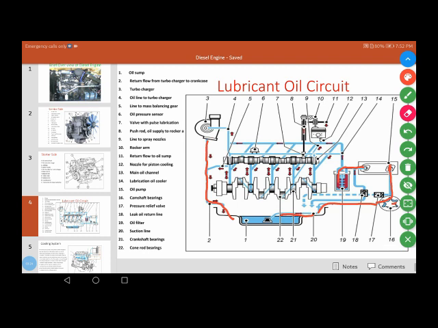Some leak oil goes back to the sump, and the rest goes through this filter and up the pipe.